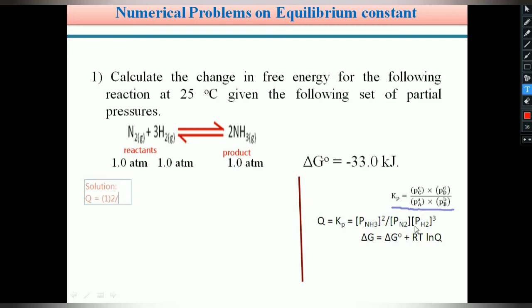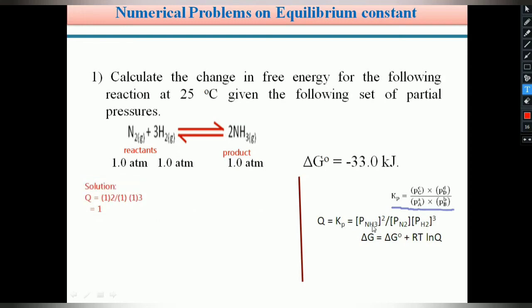Nitrogen's partial pressure is 1 atmosphere, into hydrogen's partial pressure, and since there are 3 moles of hydrogen, that is 1 cube. On solving this we get Q equals 1.